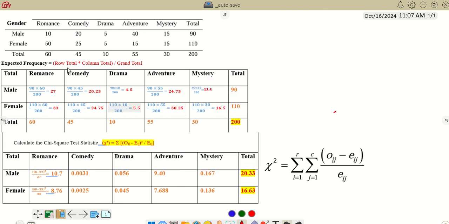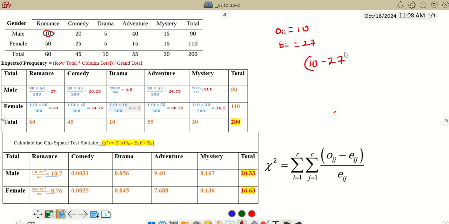Okay, so our first cell is this. The observed frequency is going to be 10. If I come to the expected value, its expected value is 27. So if I want to use the formula observed minus expected, it's going to be 10 minus 27.